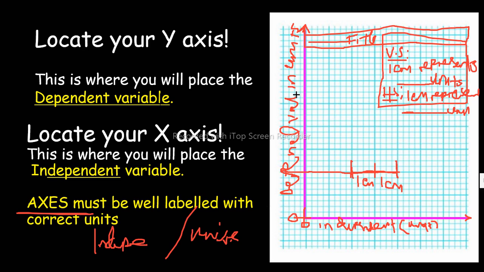That shows that the variable is measured in such units. If it is an arbitrary unit, put arbitrary units. If it is in ppm, then you put carbon dioxide concentration in ppm, in parts per million.